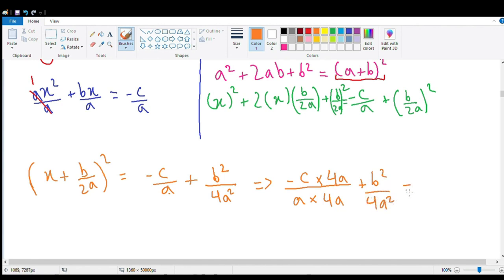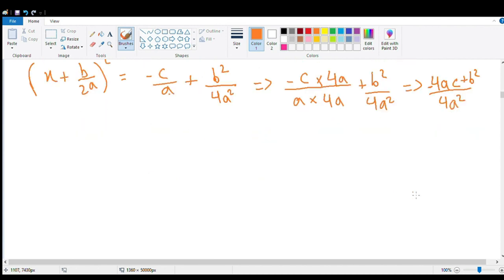And then after multiplying them, we're going to get 4ac. That is like a minus, so we're just going to minus that. And plus b squared.